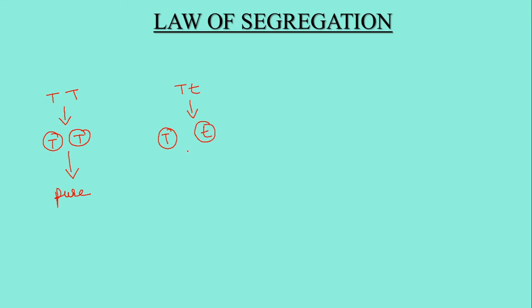So it doesn't show purity. So it is not pure. Only this condition has the tendency to show its purity. To show law of segregation, we use both monohybrid as well as dihybrid cross. Here, both laws are clear.